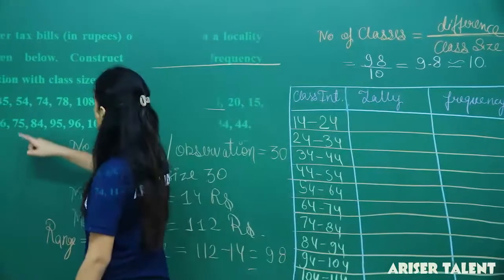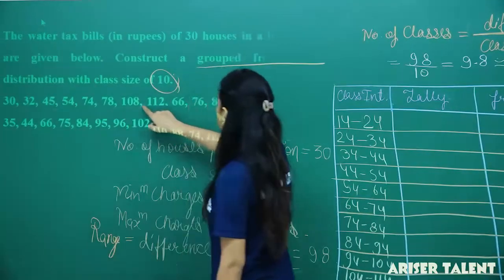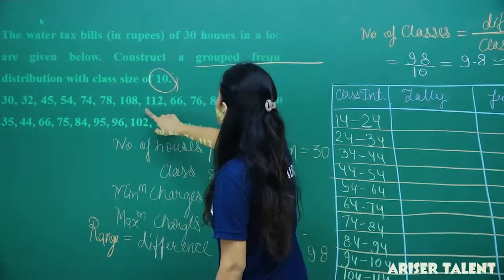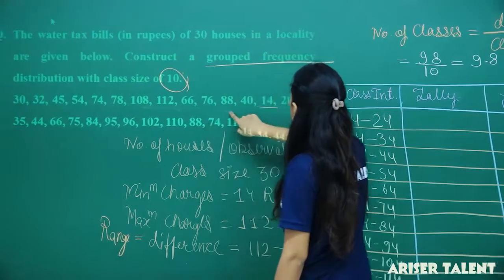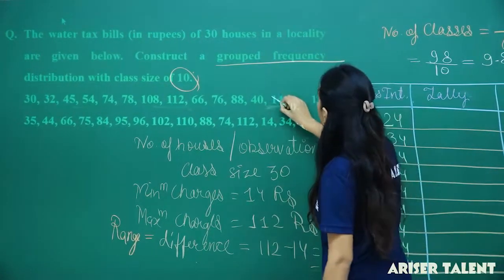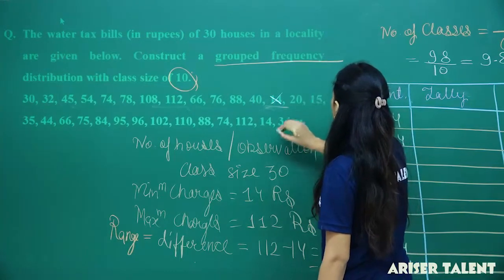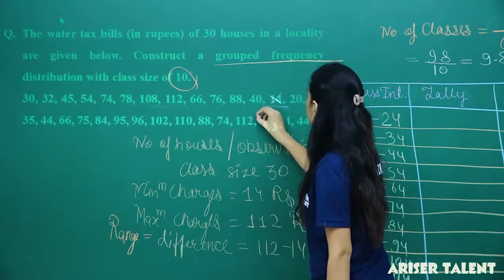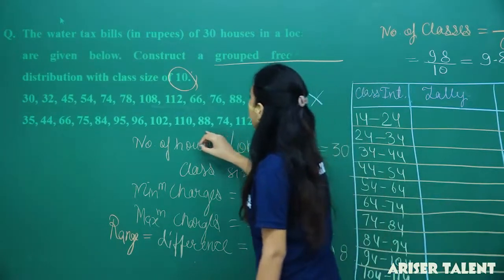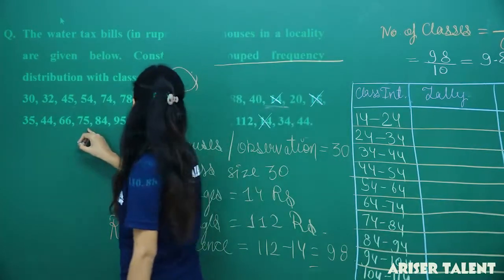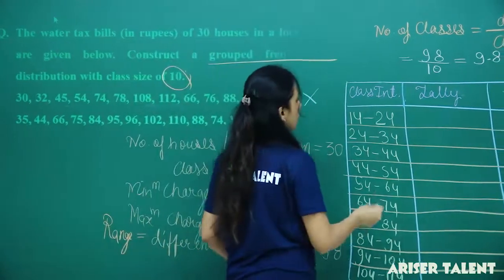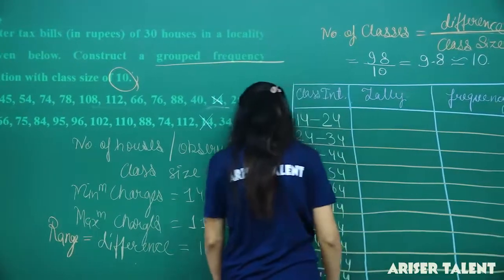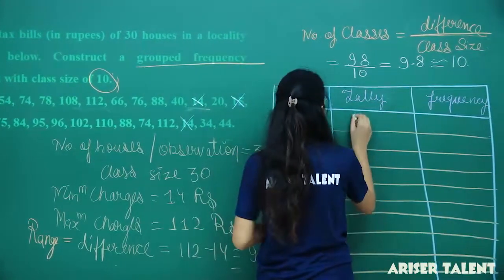So here I'll cross them all. 14 and 24, less than 24, less than 24. Here you get less than 24, that's 1. So this is the second one. Then this is the third one. So there are 3 in total. So I'll just put 1, 2 and 3 here.